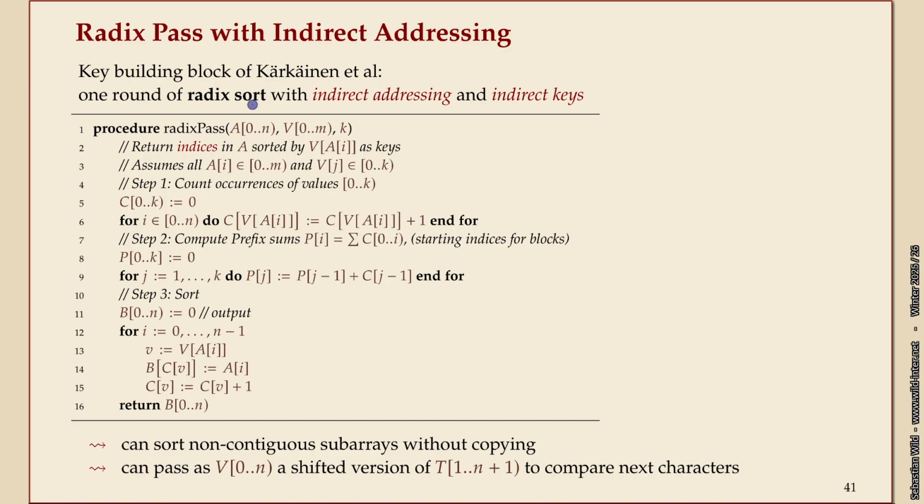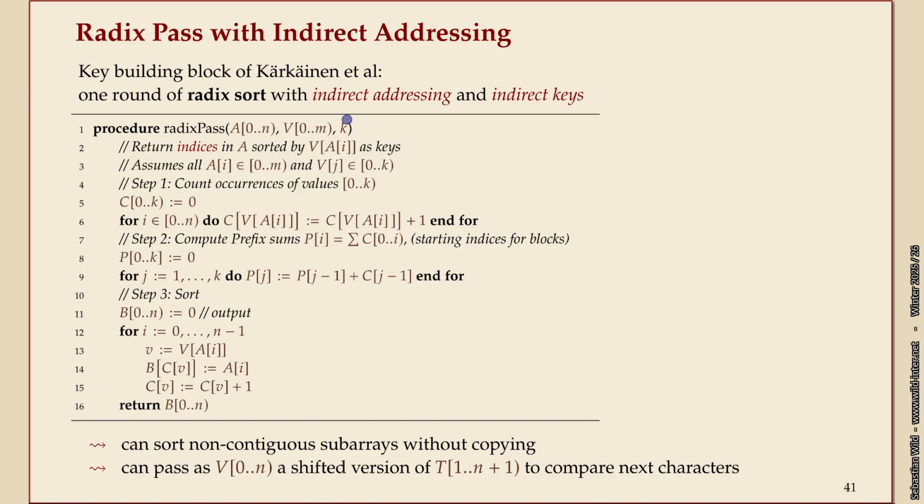What they figured out is what you really want is sorting indices. So you're only picking this array A, which gives you indices in this array V, and you're sorting the indices according to what value they have in V, which allows you to conveniently specify sorting certain subsequences by just giving the right indices, and you don't have to copy out the data. You just copy out indices.